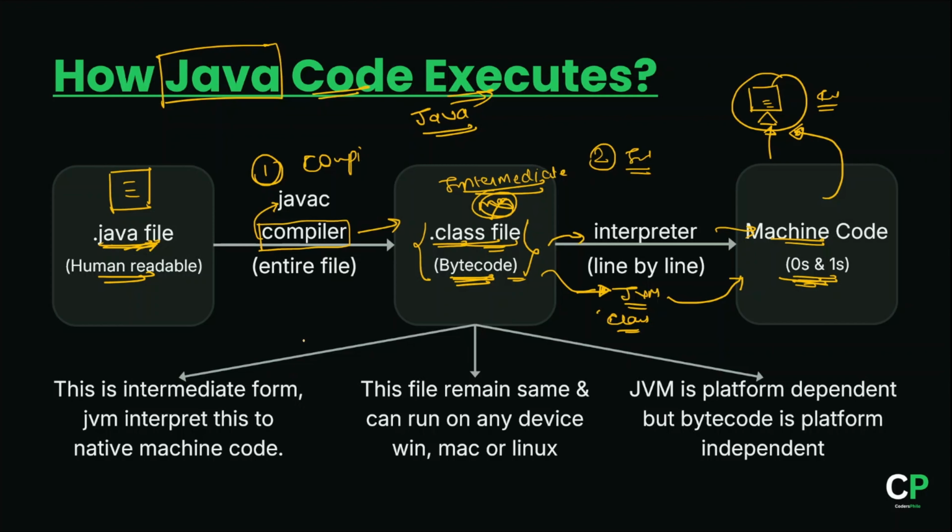So this .class file is not a native machine code. It is an intermediate form, and the JVM interprets this into the native machine code. The JVM takes this .class file and interprets it into the machine code.